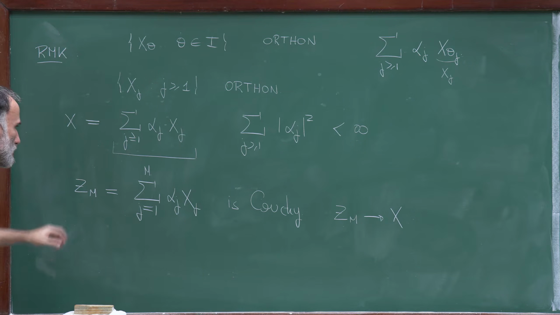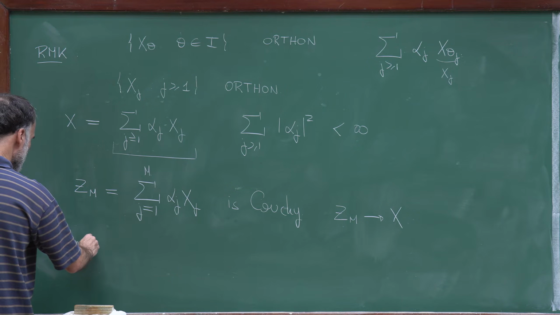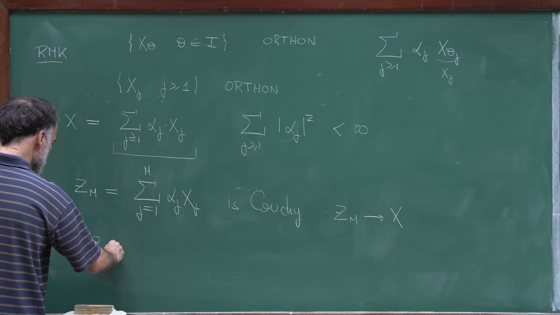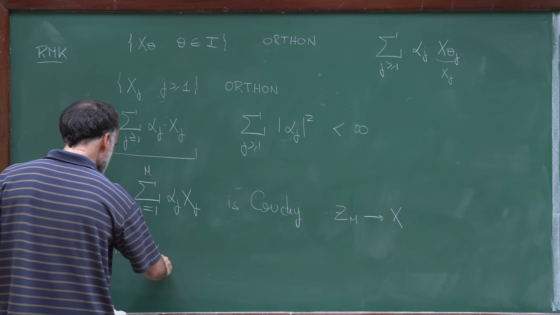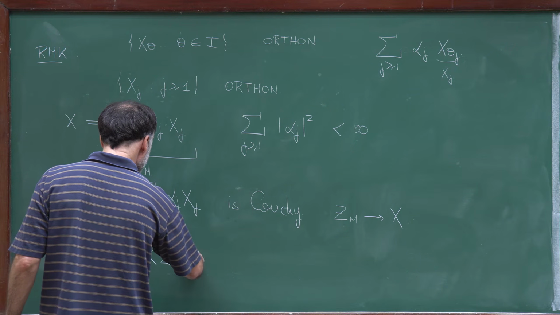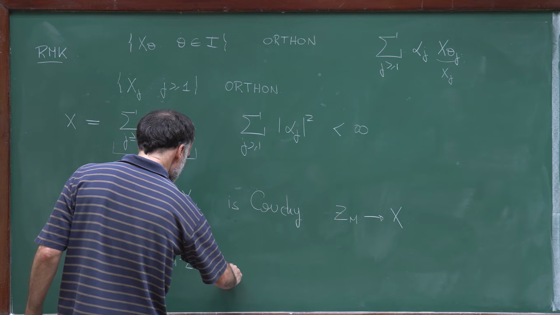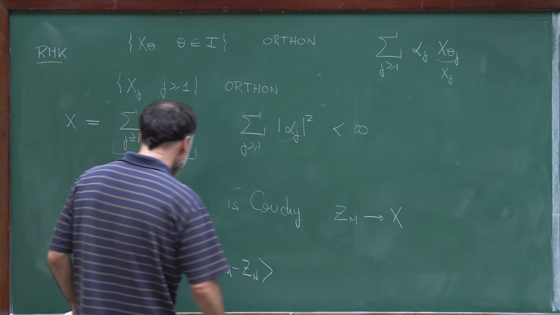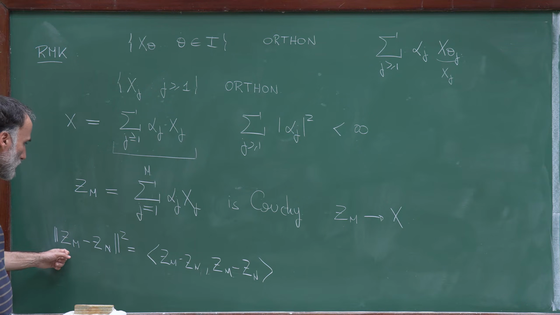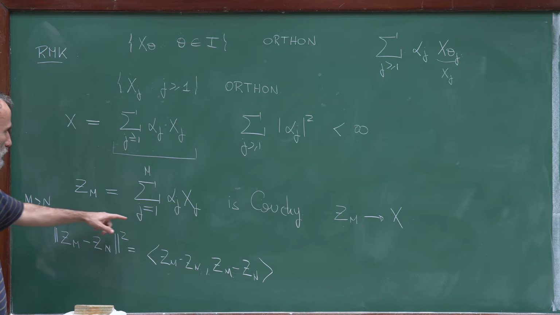So let's prove that Zm is a Cauchy sequence. To do that, I need to compute the norm square of Zm minus Zn. So this is the scalar product of Zm minus Zn with Zm minus Zn. But by definition, let's say that m is larger than n. So Zm is the sum up to m, Zn the sum up to n.